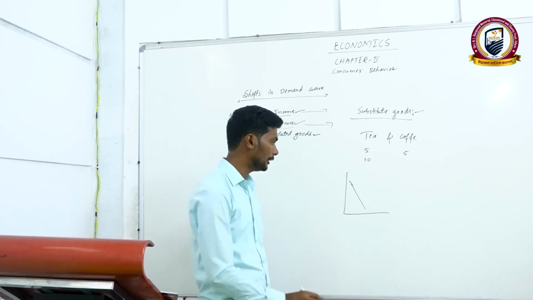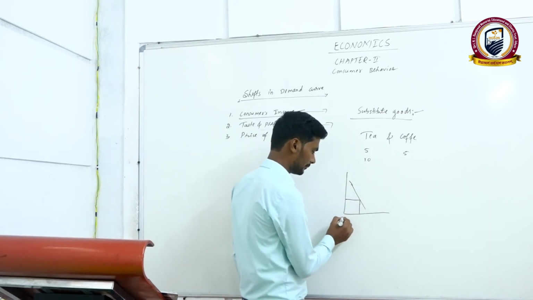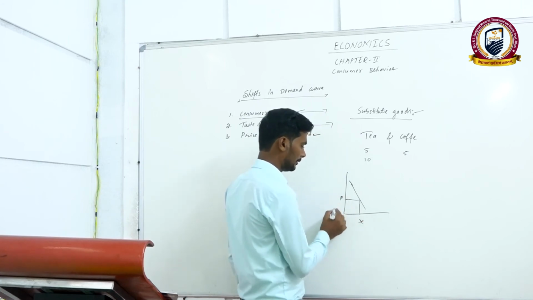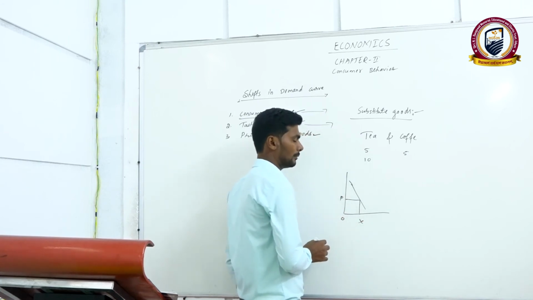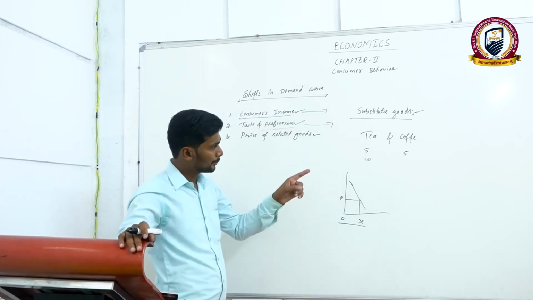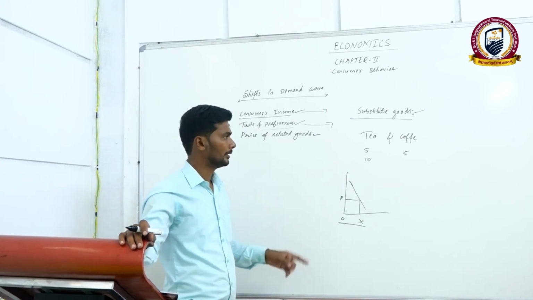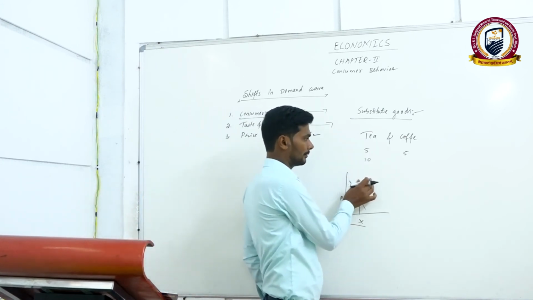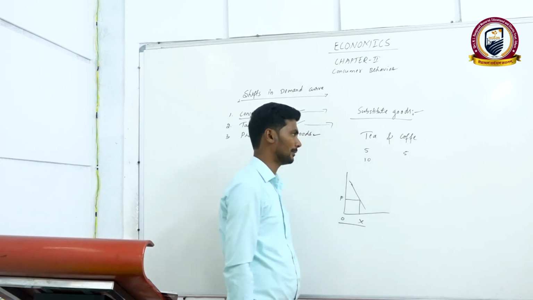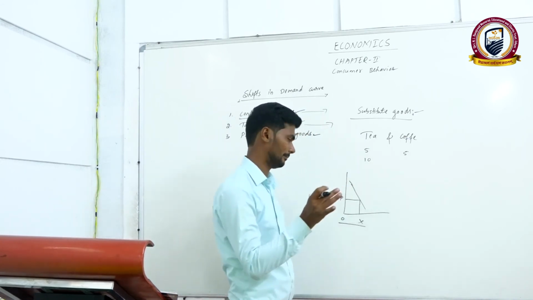Initially, at OP price, the demand for coffee was OX. Now, the substitute good of coffee, that is tea, the price of tea increased from 5 rupees to 10 rupees, and at the same time the price of coffee remains the same.